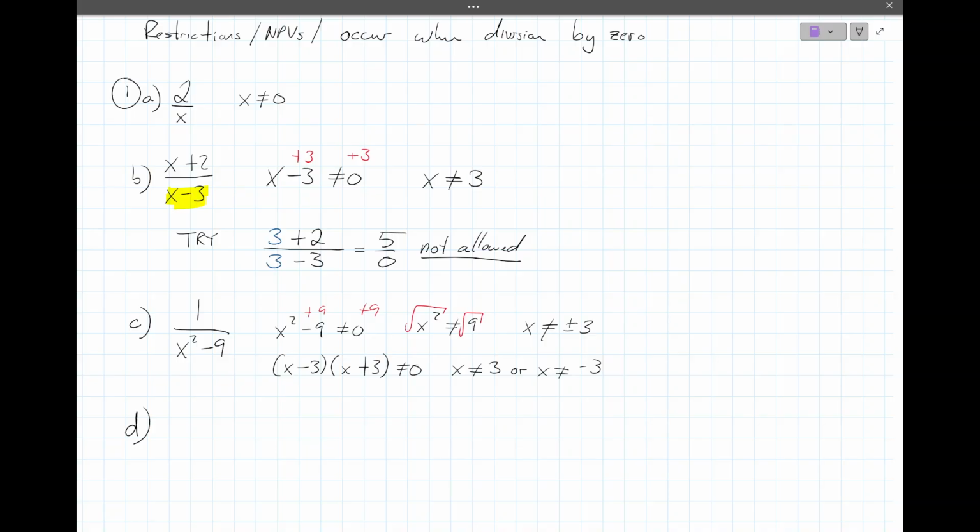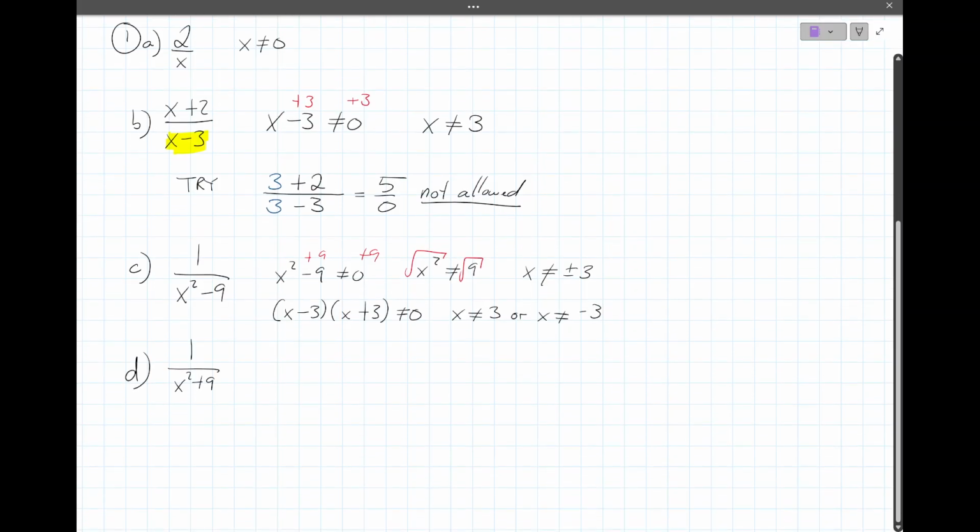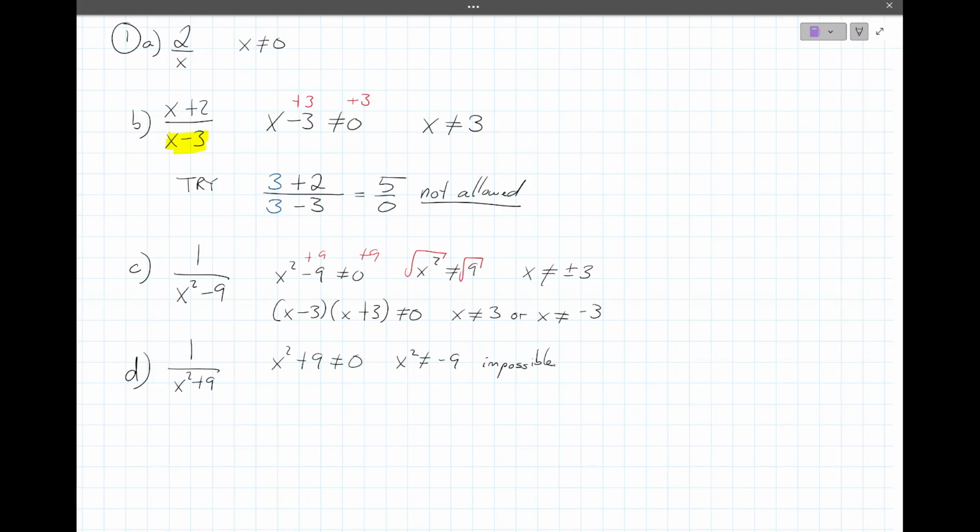And then what about 1 over x squared plus 9? If x squared plus 9 cannot equal 0, that says x squared cannot equal negative 9. Well, that's impossible, and we know x squared plus 9 is not factorable. So this is okay.